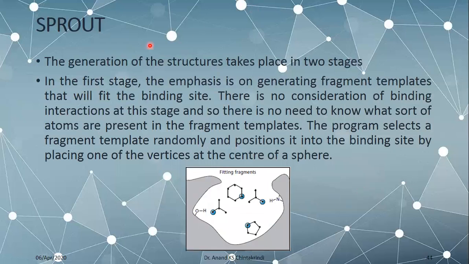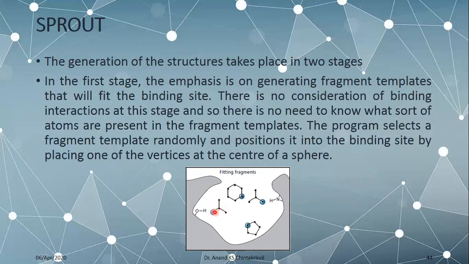Now, the generation of structure usually takes place in two stages. In the first stage, the emphasis is on generating fragment templates, that is only the sp3, sp. There is no consideration of binding interactions at this stage, so it is not considering any binding site. First a sphere is placed, and in the next step, only the atom types or the hybridization type is considered.